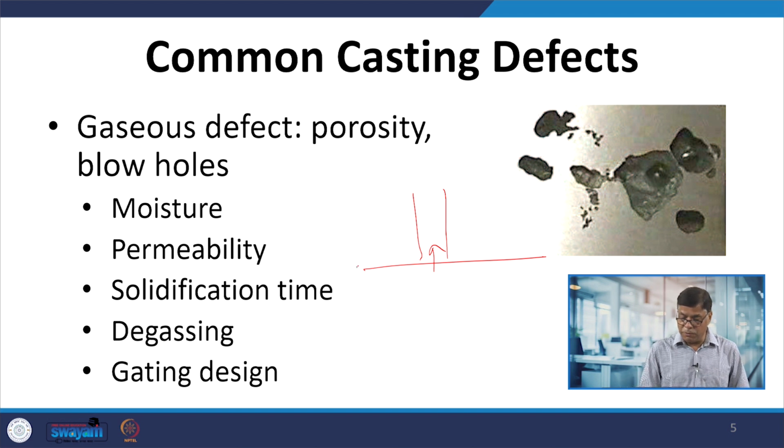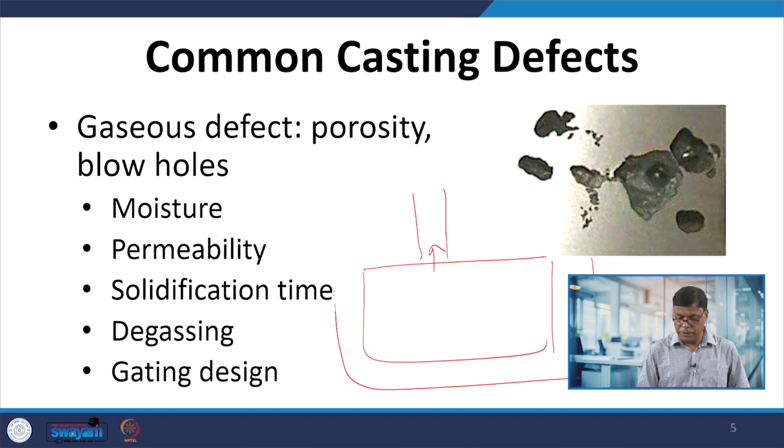The third one, the provision which is made in the mold, is this, where the mold should have the enough capability to allow escaping of the gases through the mold wall.